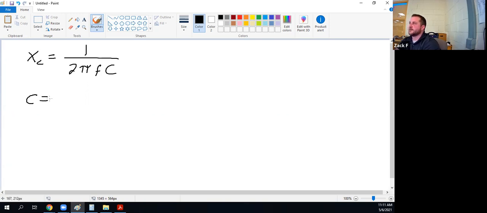You're mixing capacitance and inductance. I'm just saying, with this formula, if I switch things around and needed to solve for capacitance, could you do it? Right?